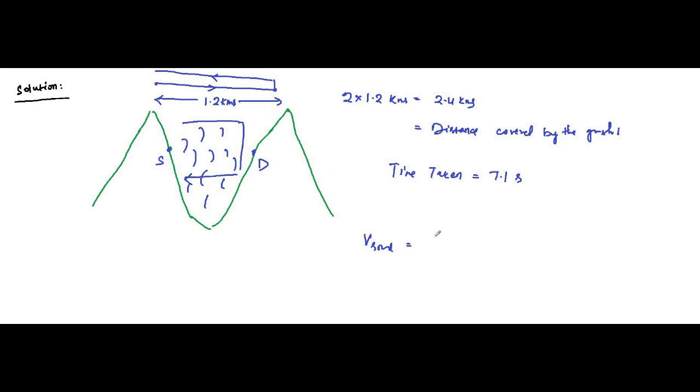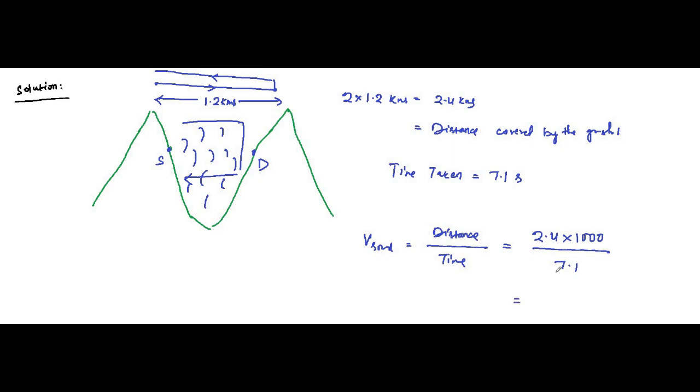is the same thing, distance by time. The speed of the sound is distance by time. Here it will be equal to 2.4 into 1000, we'll express it in meters per second, divided by 7.1.